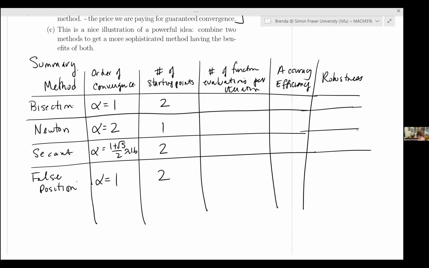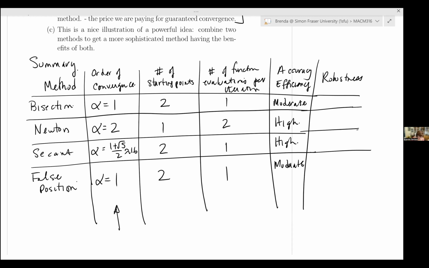How many function evaluations do we have to do? Bisection 1, Newton 2, secant 1, and false position 1. The bisection is sort of moderate in how quickly we can get to the root. Newton is high, secant is high, and the false position is more moderate. That's really a reflection of what's in this column here.